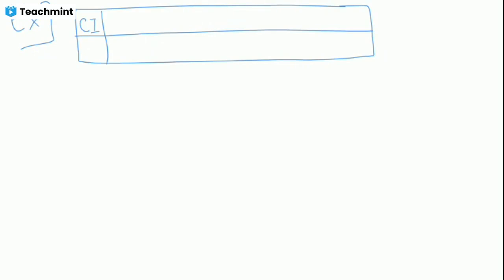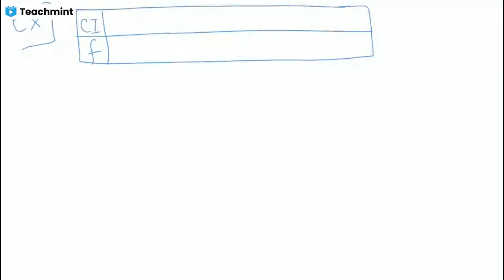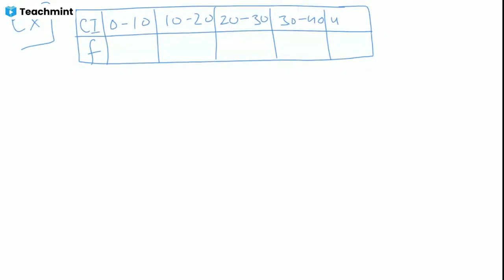We have CI, class interval, and frequency. Class intervals: 0 to 10, 10 to 20, 20 to 30, 30 to 40, and 40 to 50, with corresponding frequencies 5, 3, 4, 2, 1.